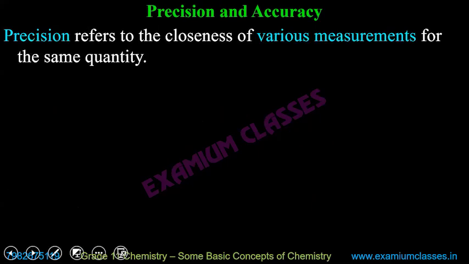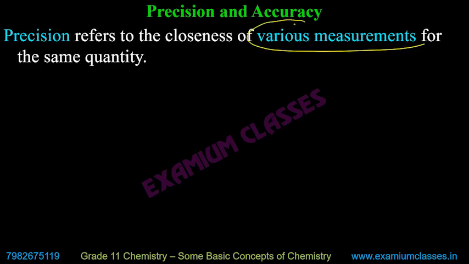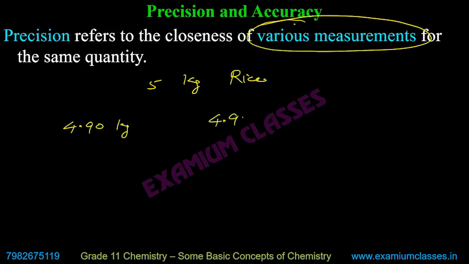Then a lot of students are confused between precision and accuracy. When we say precision, precision is only related to the measurements. We do not talk about what is the actual value. So suppose we have 5 kilograms of rice and we measure it, and we got the first measurement as 4.90 kilogram, then we got 4.95, we got 5.05.